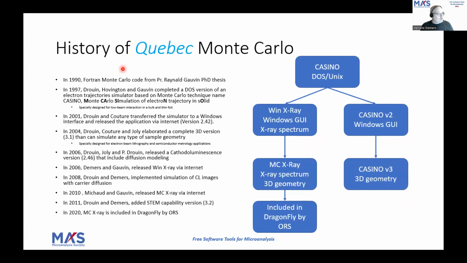And later, Professor Gauvin, again with a master student, continued WinXRay to develop again a 3D geometry and including the X-ray spectrum inside the Monte Carlo simulation calculation. And lately, I think it was a couple of years ago, the M6 code was included in Dragonfly, which is a very nice 3D reconstruction and analysis software for image and data.